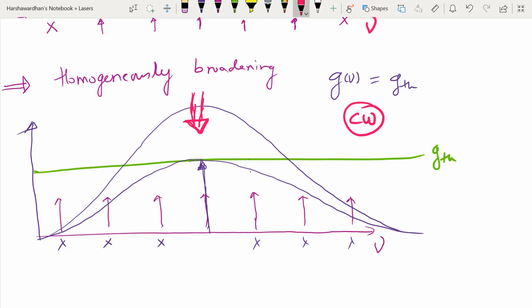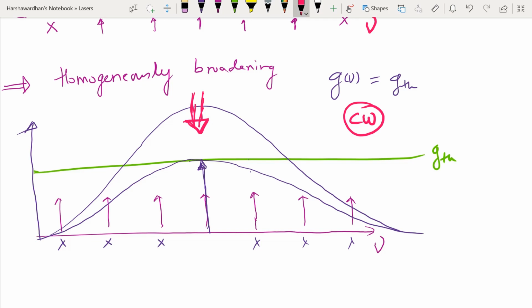Now, let me be very careful about this. For example, you would find that a ruby laser actually shows multimode oscillation. That is because even though it is a homogeneously broadened laser, if I do not take care of eliminating the effects of spatial hole burning, it leads to a collection of chromium atoms which are individually being saturated to different levels depending on their spatial location, whether they are at the node or at the antinode, right?